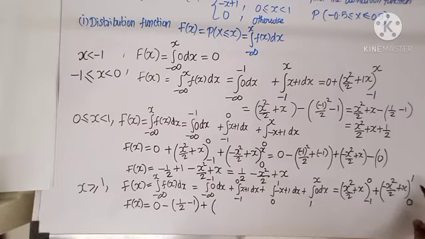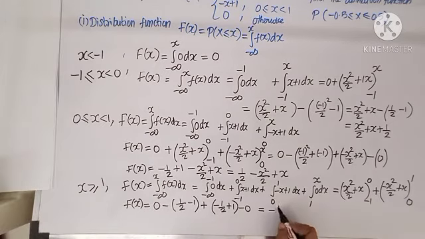Plus, put upper limit: minus 1 by 2 plus 1. Put lower limit, it is 0. As I simplify, it is minus half plus 1 minus half plus 1. Minus half is minus 1. Minus 1 plus 1 is cancelled. We are left with 1.